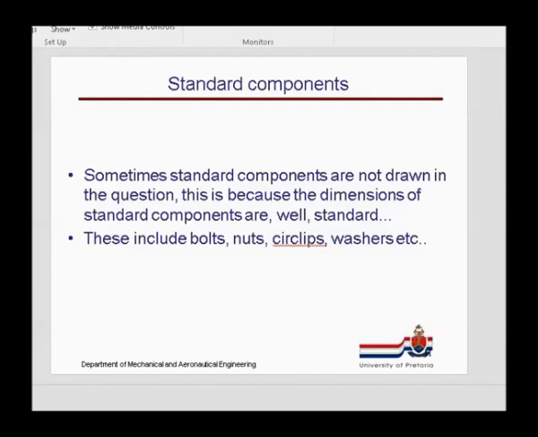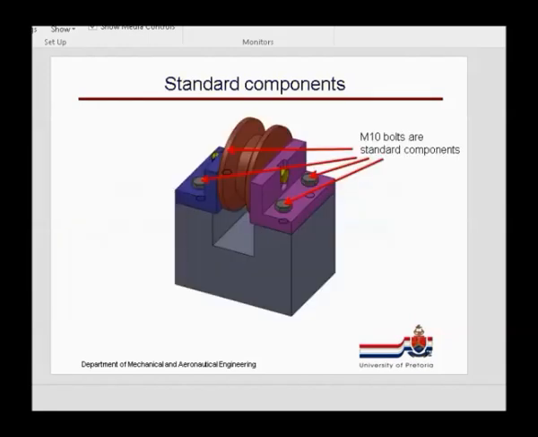Now in this assembly, we were given that this grey block had 4 M10 holes in it, but we weren't given the M10 bolts in the question. These M10 bolts are standard components, and it was necessary for me to add them in to my drawing because they are used to keep these L-shaped components onto the top of the grey one without it falling off.